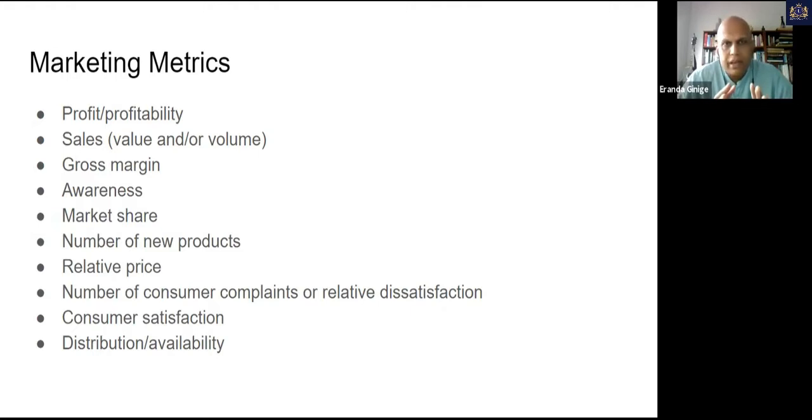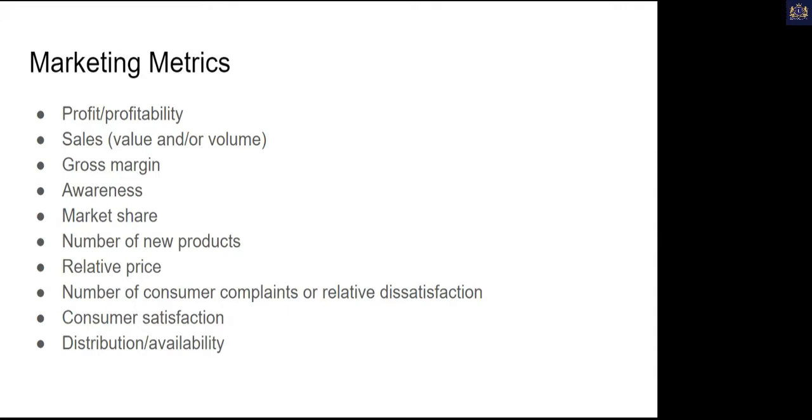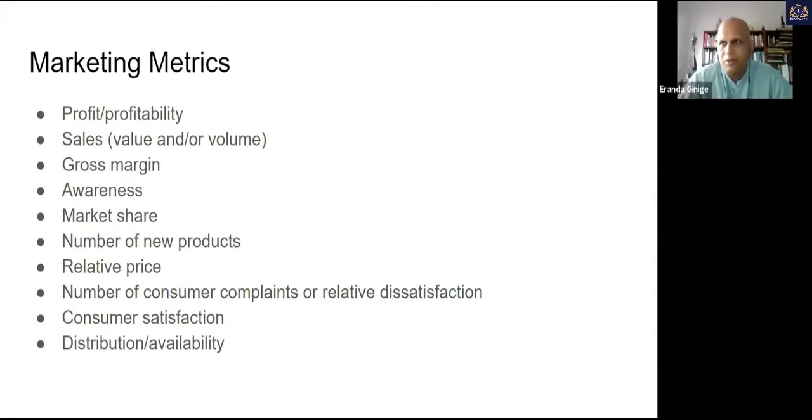Another metric that marketing people like to use, but sometimes the consumers don't really value it, is awareness.